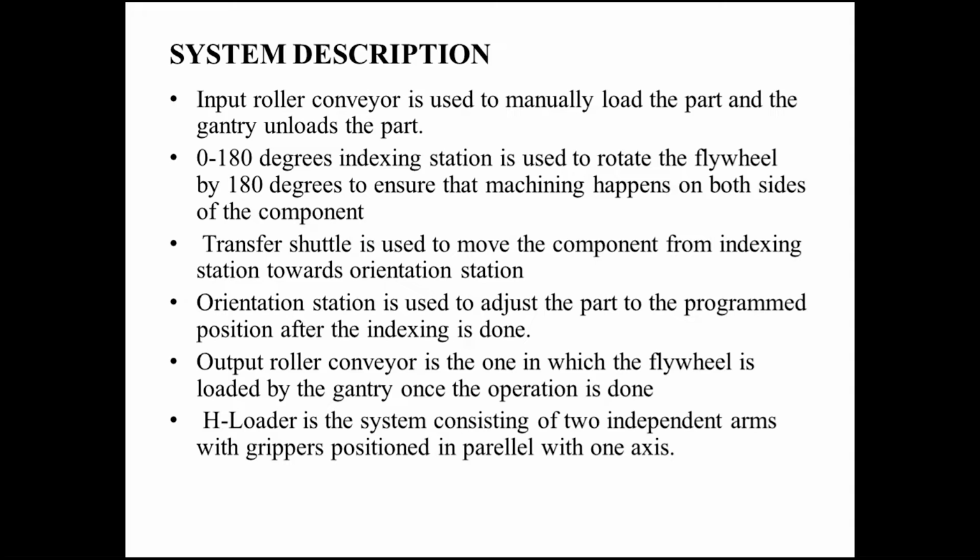The transfer shuttle is used to move the part towards the orientation station and to check whether the orientation is correct. Then there is the output roller conveyor, used to load the component by the gantry and remove it after all the operations. The H loader is a system consisting of two independent arms positioned in parallel.